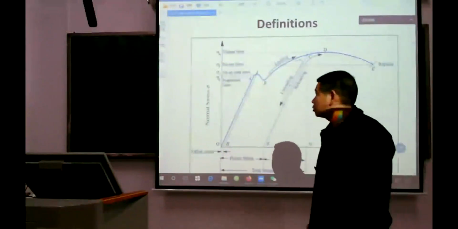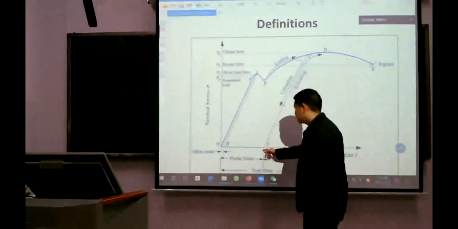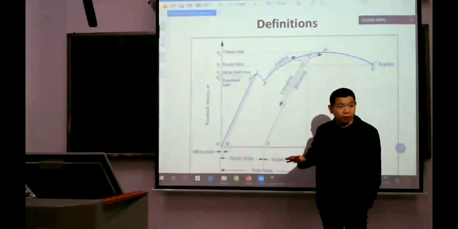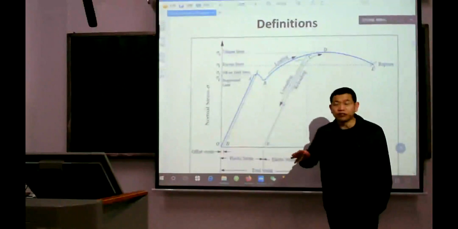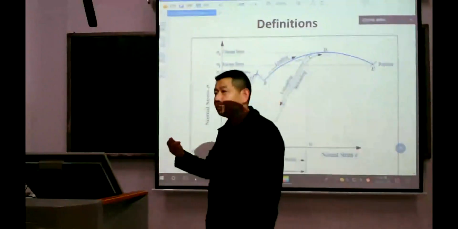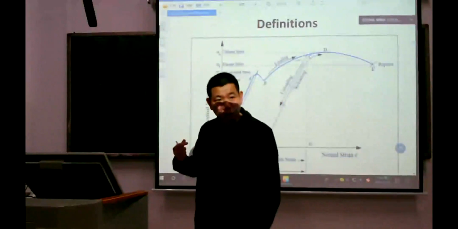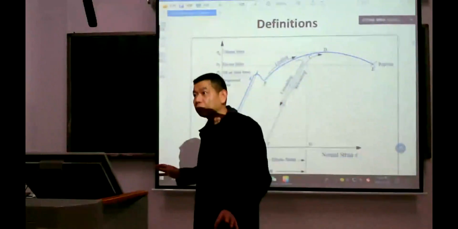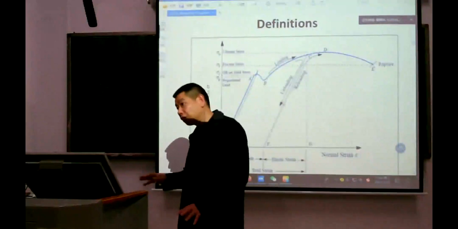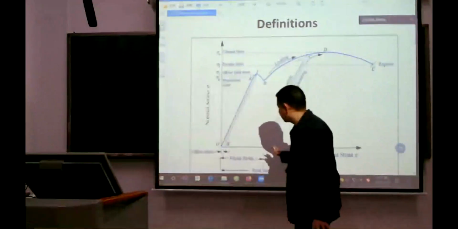So actually, if we want to save money, when the steel is used to build the project, at first we elongate the steel.